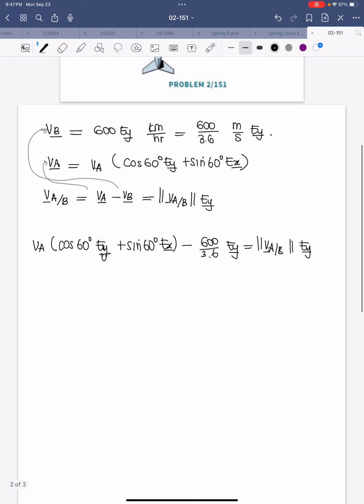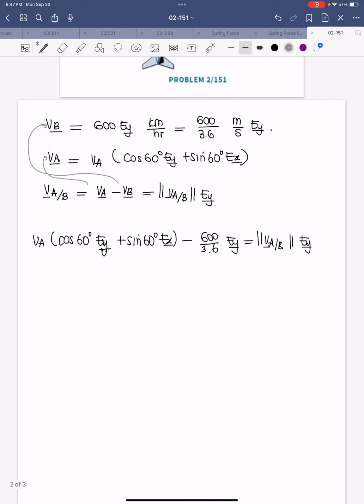Now this is a vector equation in 2D and it has two unknowns. So one vector equation in 2D, which is two scalar equations, two unknowns, we can solve. I can take the products with EX and EY and I can solve for the unknowns.